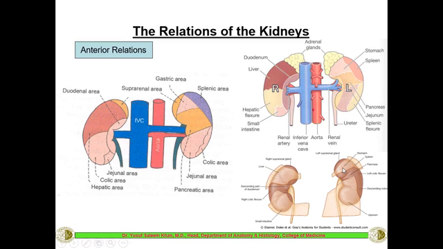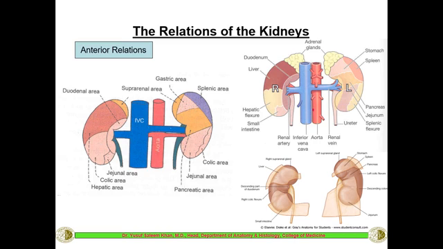Here on the left side, the stomach, which is covered by the peritoneum, also covers partly the kidney. And here the lower part, again the jejunal folds are covered by peritoneum, and it covers partly the anterior surface of the kidney also. But here you can see the pancreas, and all these parts are devoid of the peritoneum.